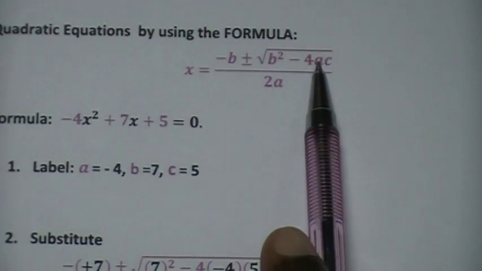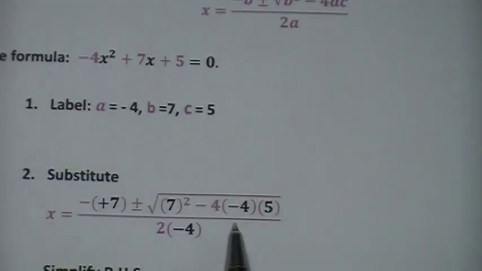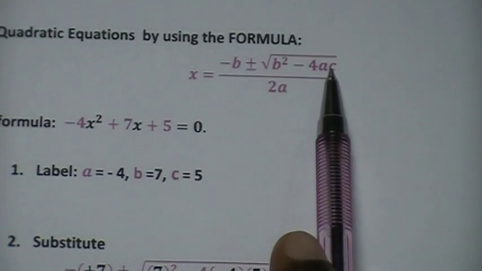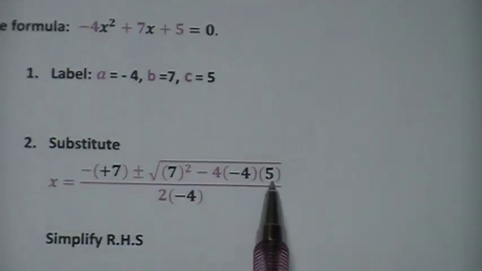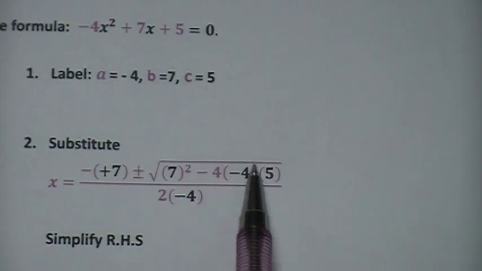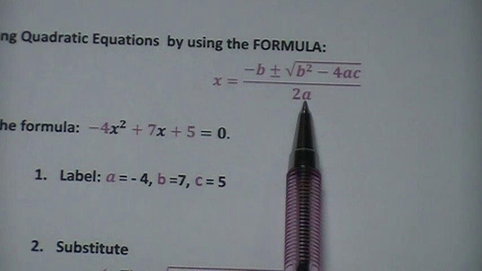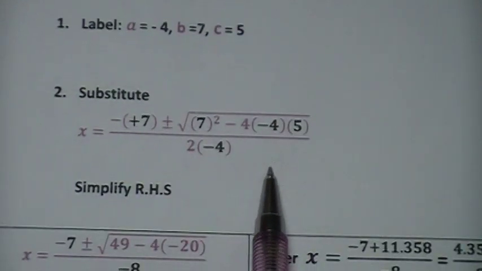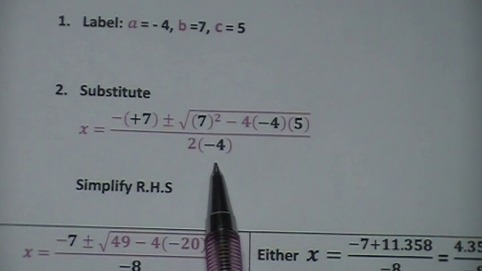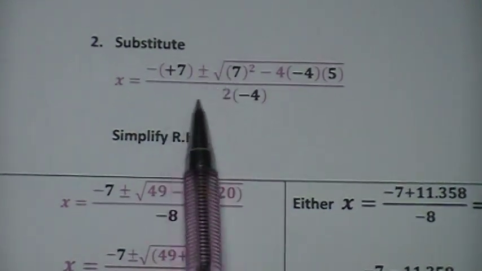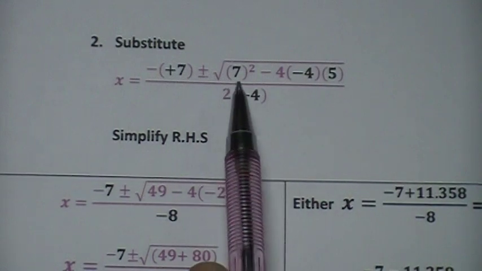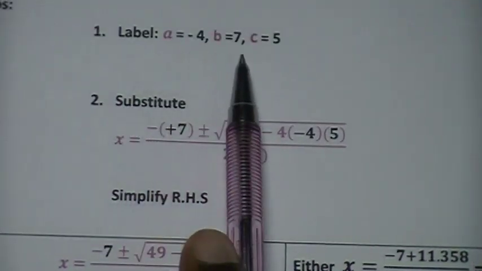And in bracket, replacing a, we have negative 4. And in bracket, replacing c, we have 5. And in bracket, replacing a, we're going to have negative 4. Now, we need to simplify the right hand side once we have substituted the values that we have labeled.